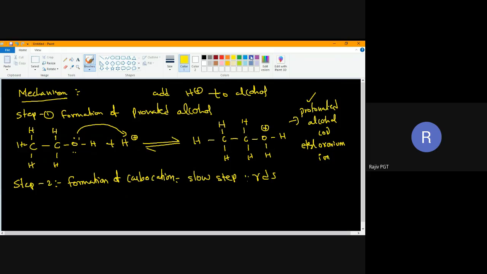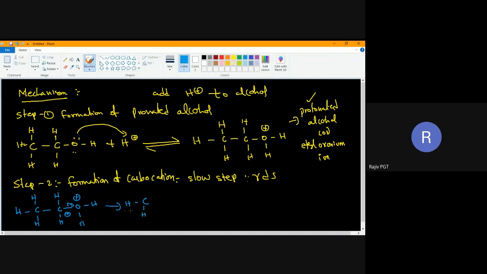I'll take the same reactant, protonated alcohol. Here the oxygen has a positive charge, so it will try to pull the electrons from this carbon. When it pulls the electrons from this carbon, the carbon will get a positive charge.